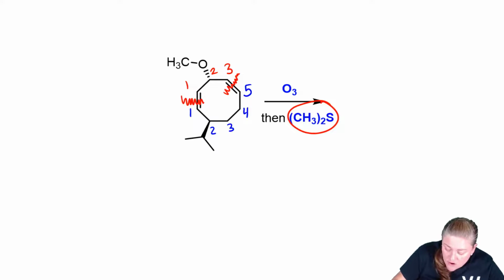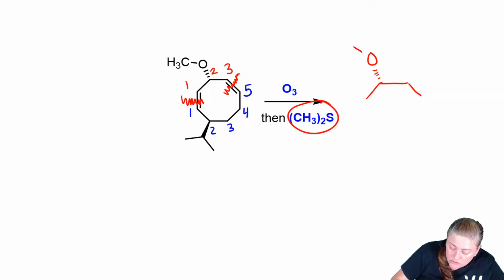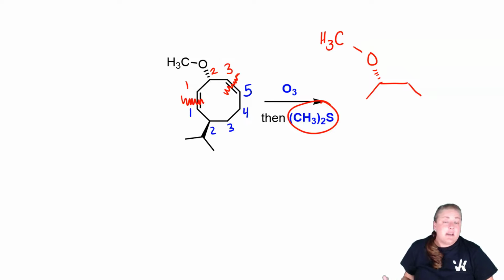So I'm going to draw the 3 carbon piece here, 1, 2, 3, and I'm going to put in that group that it has. You'll notice that I have not touched the stereochemistry. No chemistry has happened there, and therefore I should not affect its structure or stereochemistry. I'm going to do the same with this green bit here.